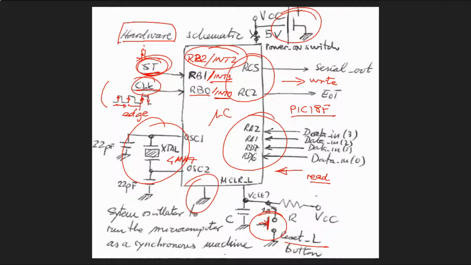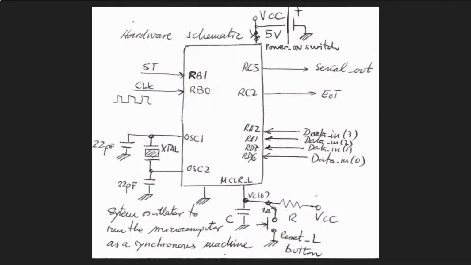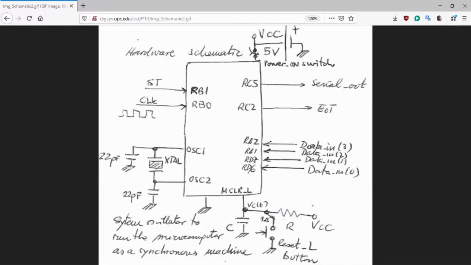Because if you have picked the PIC16 instead of the PIC18, the difference is that with the PIC16 there is only one external interrupt possible. So that's the difference, and this is why, for example, a PIC18 can suit us very well, because we have two external interrupts to finish this application.